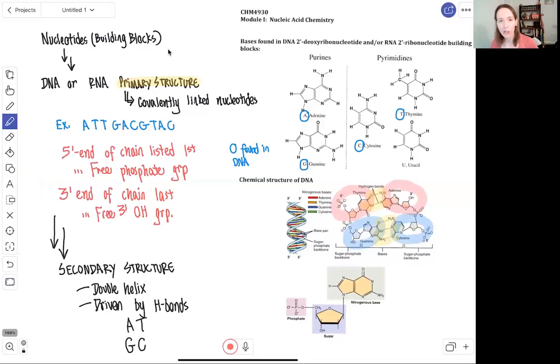The two strands of DNA are referred to as being complementary to one another. Complementary means that A is always hydrogen bonded to T, and G is always hydrogen bonded to C. So if you know the sequence of one strand of DNA, you can predict that it is going to be hydrogen bonded to a strand that is complementary to it.